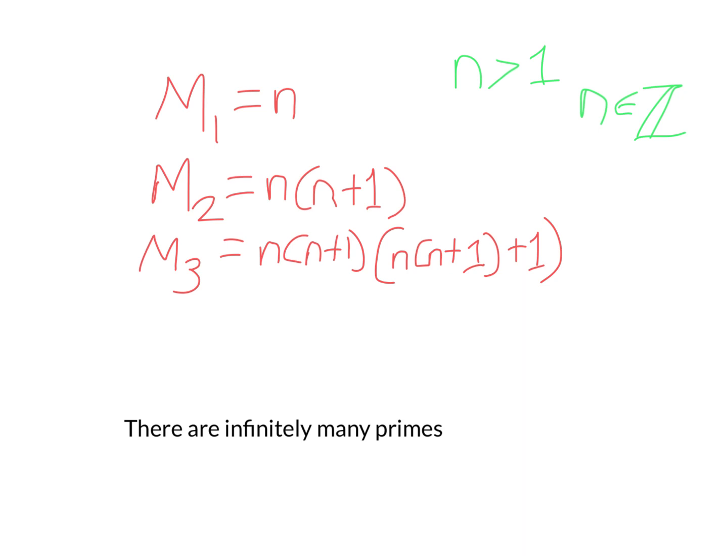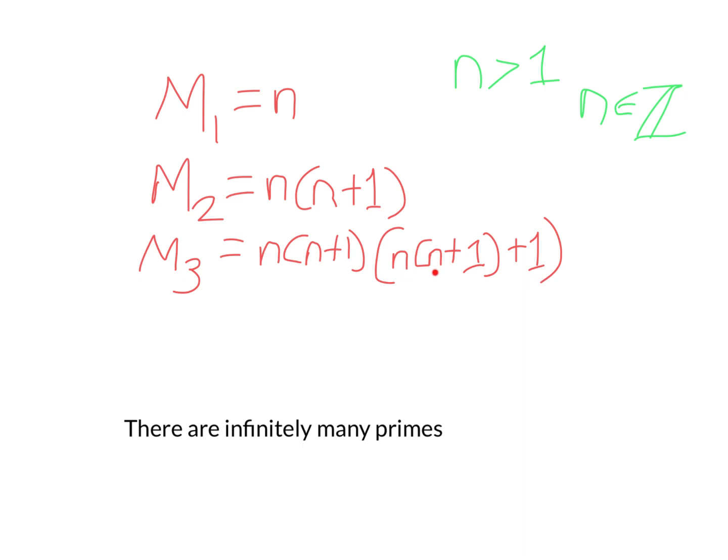So what I've done is I've taken M3. This part of it is M2. So M3 is M2 times M2 plus 1. Again, I'm multiplying a number M2 by the next consecutive number. Again, this M2 and this next consecutive number will not have any primes in common.